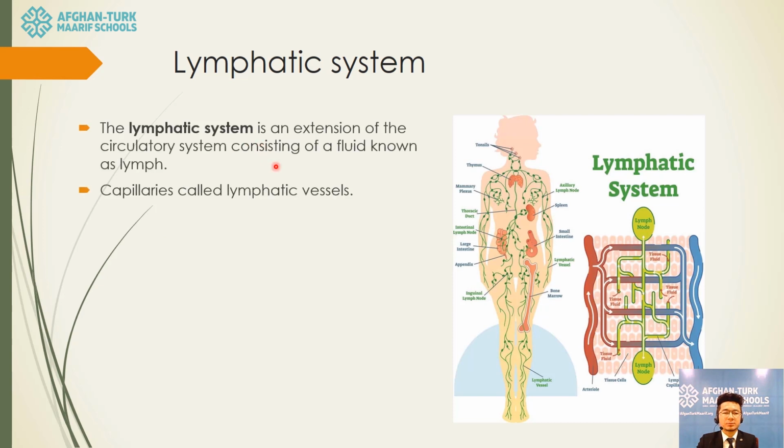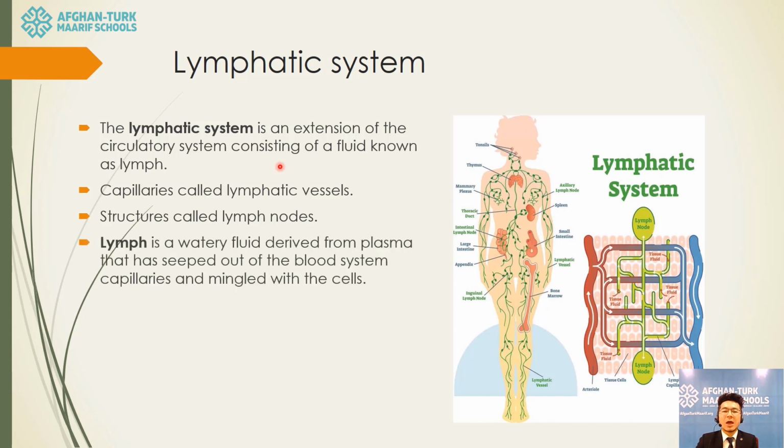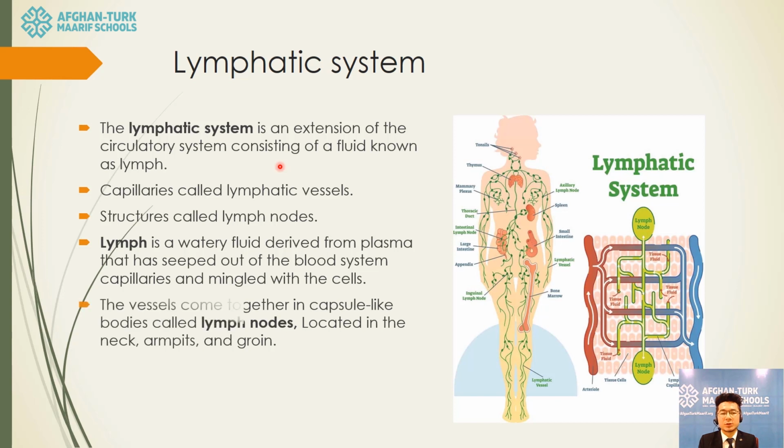Lymphatic system. The lymphatic system is an extension of the circulatory system consisting of a fluid named lymph, capillaries named lymphatic vessels, and structures called lymph nodes. Lymph is a watery fluid derived from plasma that has spewed out of the blood capillaries and mingled with the cells.